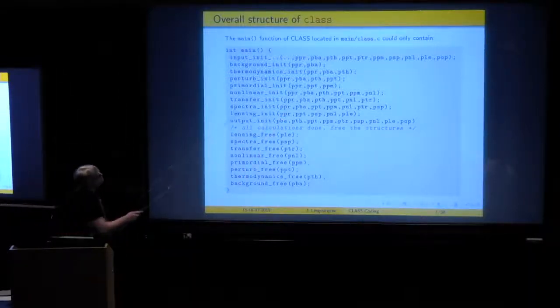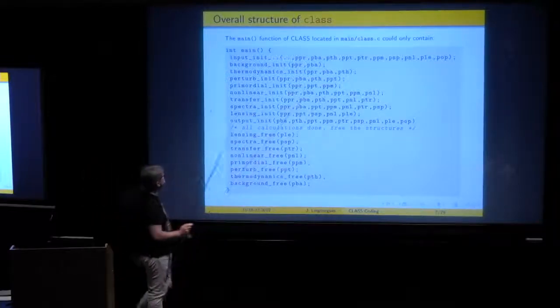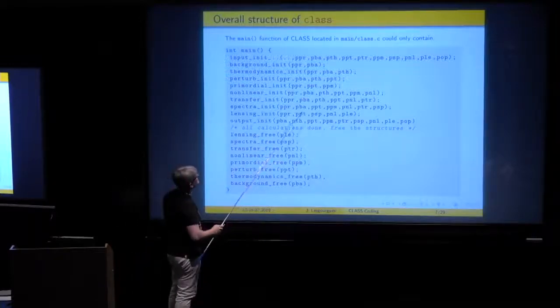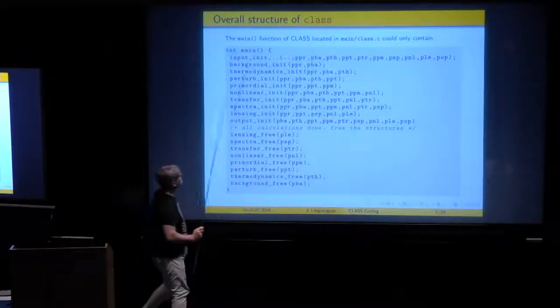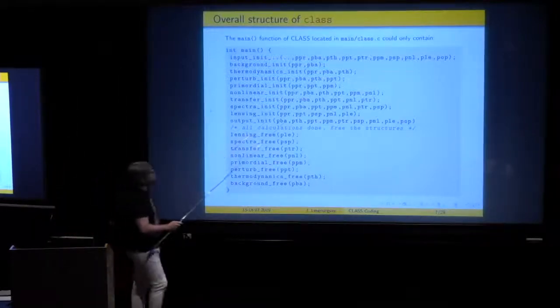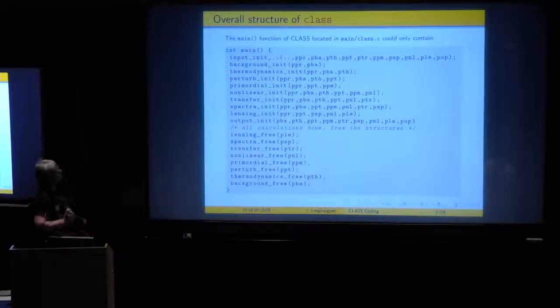Okay, then it goes on like this. The nonlinear module needs to know all the previous ones, and so on and so forth. The lensing module has fewer arguments because it has limited dependency on some previous ones. And finally, the output module needs to know everybody because it will pick up output from all the structures.